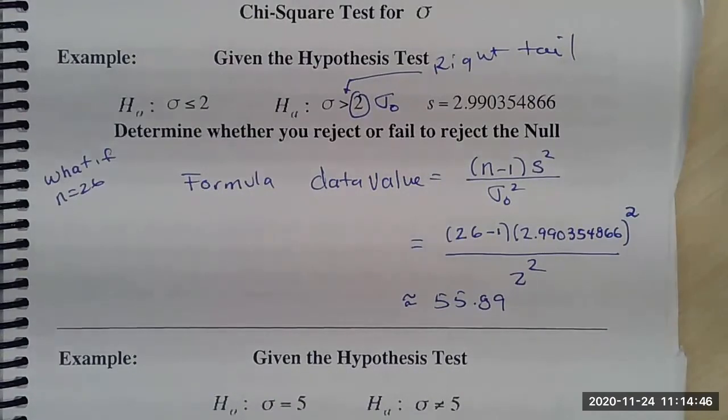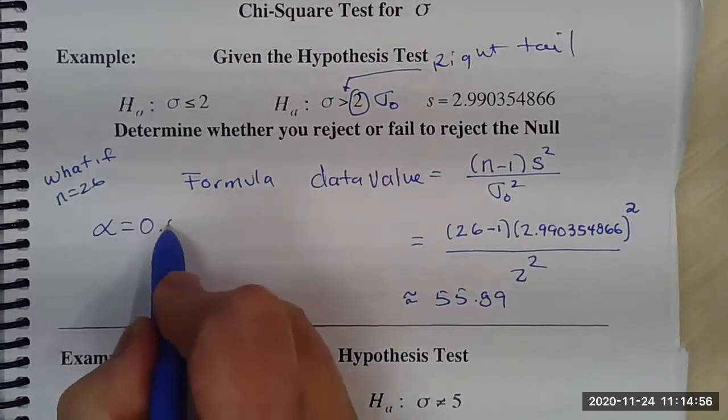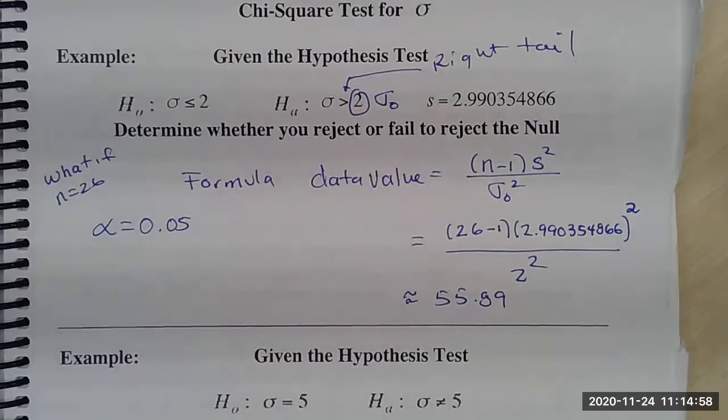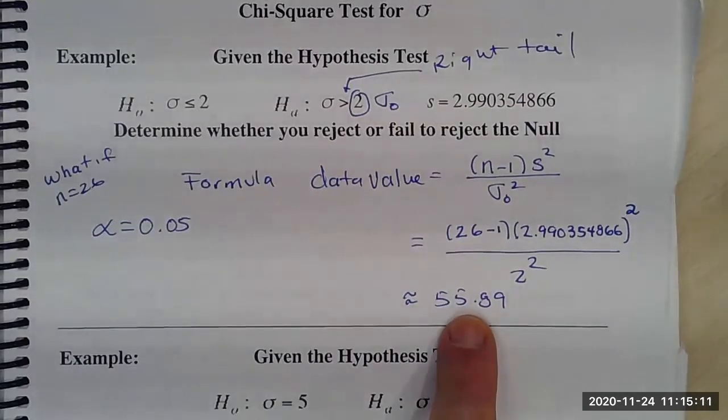Now what I could do is use both. If you assume that alpha is equal to 0.05, because alpha wasn't given, you can do two things, and we'll see if they agree. You could use your table to find the critical number and then compare to see if that's to the right or to the left of that critical number.